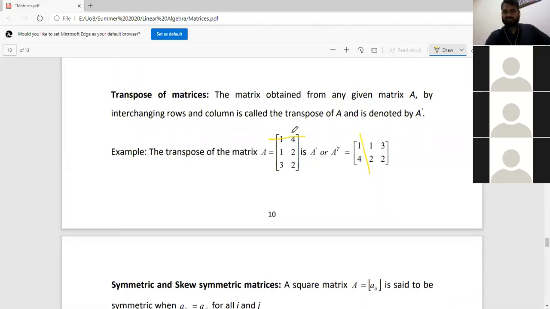You see, the first row here becomes the first column, the second row becomes the second column, and the third row becomes the third column. This is called the transpose, and we write a superscript T at the top. Some books write a dash as well, a prime, for the transpose. Both are used, but I think A transpose with a T is better, T for transpose. So this is your A transpose.